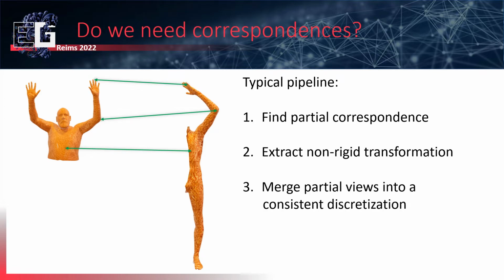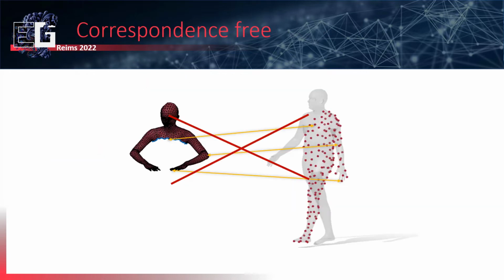And then we should merge the partial views into a consistent discretization. Each one of these steps is a challenging research problem. Instead, working in a spectral space, we are completely correspondence-free, and we sidestep those hard problems.